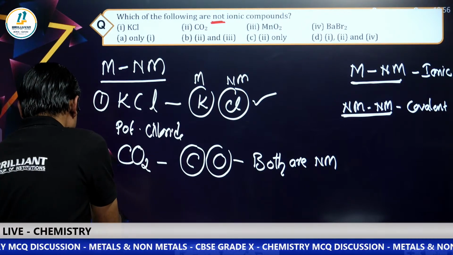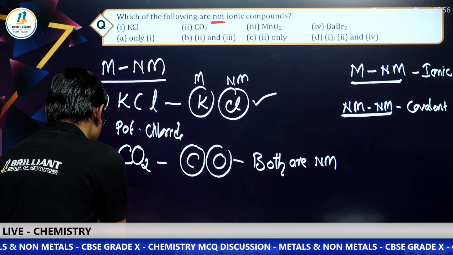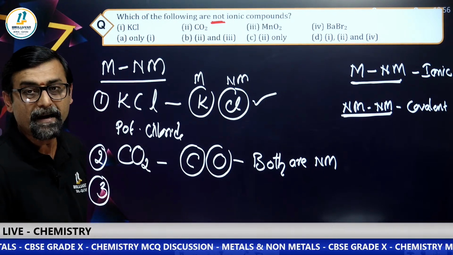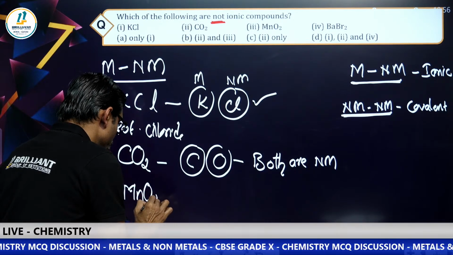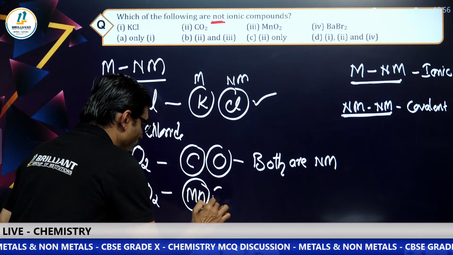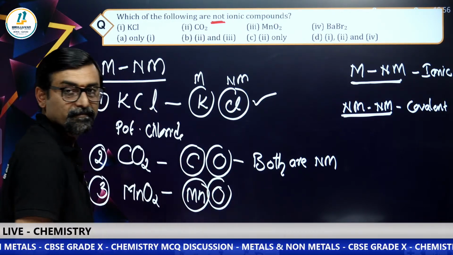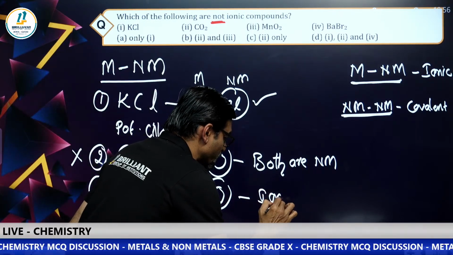So this is not an ionic compound. Then come to the third option. What's the third option? Manganese dioxide, MnO2. Here also manganese is a metal and oxygen again a non-metal. So this is also giving you an ionic bond.